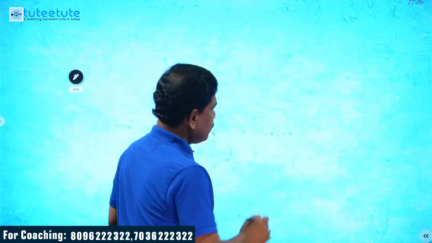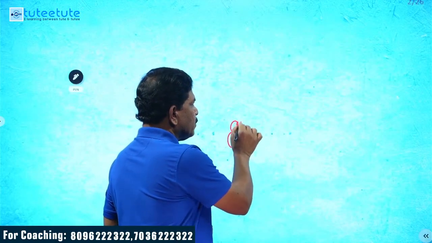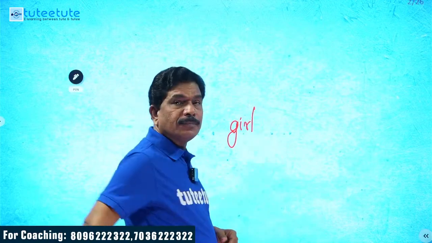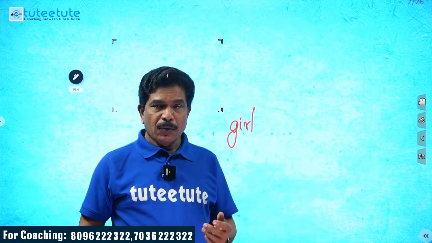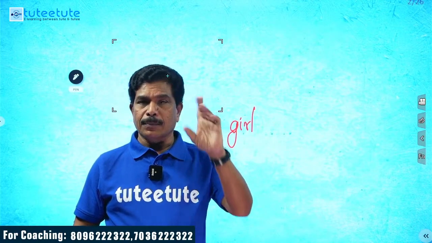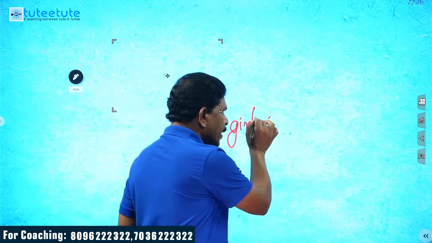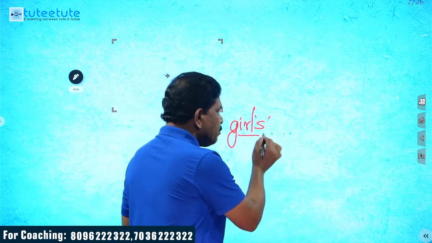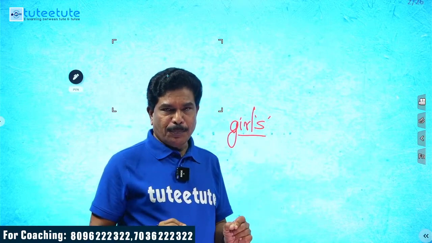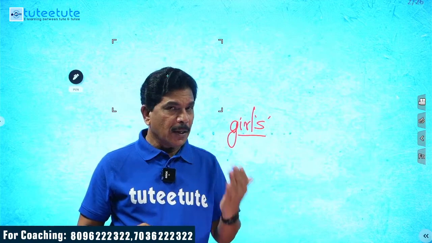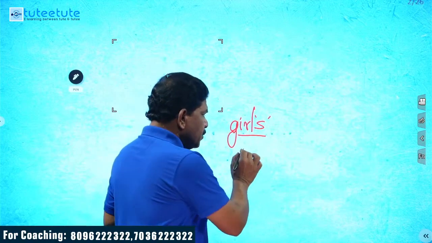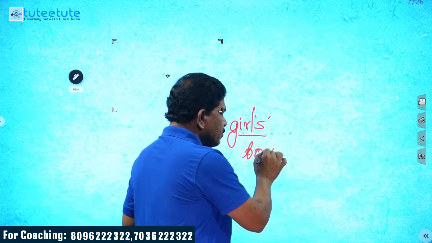For instance, let us consider the noun girl. Girl is a noun. We suggest only one. Normally we add an s at the end of it and it becomes a plural. Girl singular, girls plural. Another example, let us consider box.